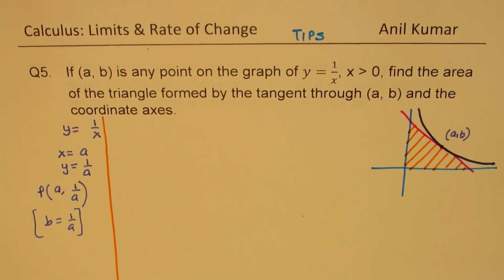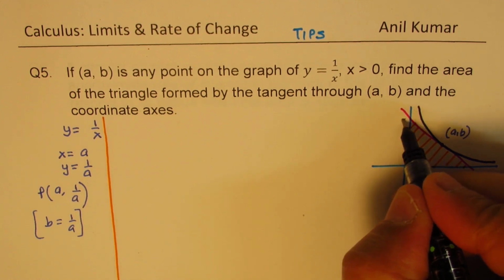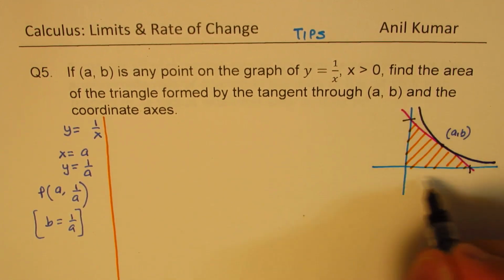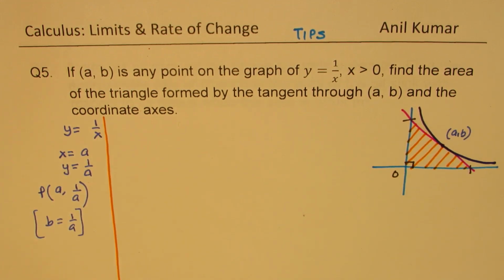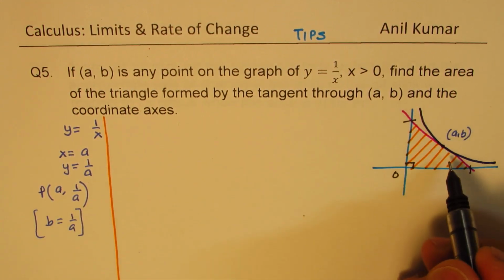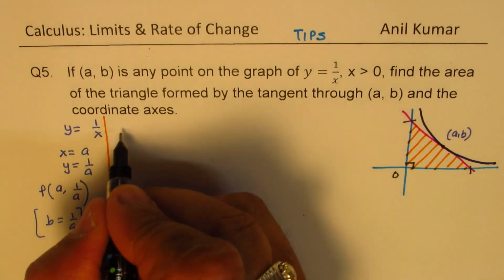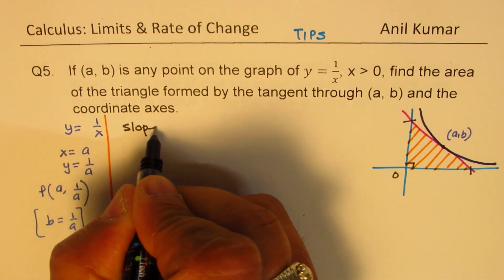Now, we need to find the intercepts of the tangent line. Once we do that, we can find the area of a right triangle, half base into height. But before that, let's find the slope of the line, right? So we need to find the slope of the tangent.